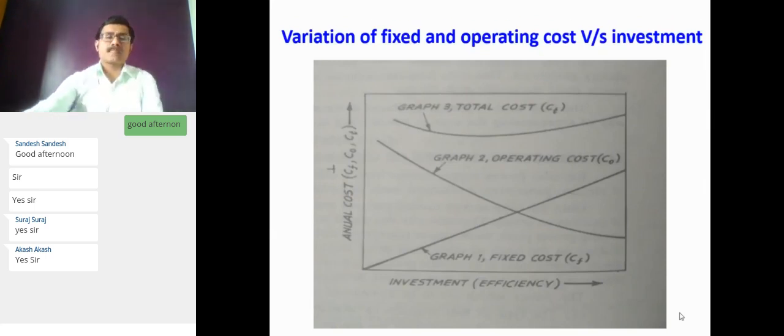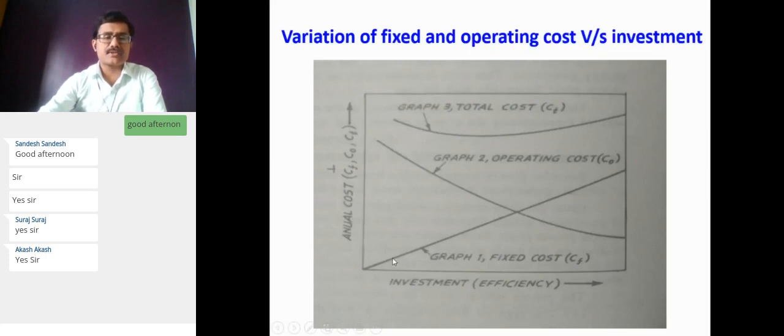Or if it is seen onto the bottom left side here, the cost of investment is very less, efficiency is very less. Suppose you are having 10% efficiency, 20%, 30%, 40, 50, 80, and suppose 100% efficiency. For say 10% efficiency, definitely whatever the equipment that you would be using will be available at the cheaper rate, isn't it? So investment cost would be very less.